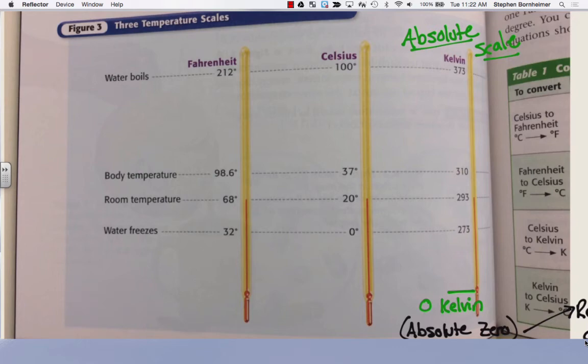We just said, that looks like a 212, that looks like a 32, and then we're somewhere in between for body temperature and room temperature. There's a lot more that goes into it than that, but basically we picked the scale. Celsius also worked really nicely: 0 for water freezes, 100 for water boils, and everything in between.